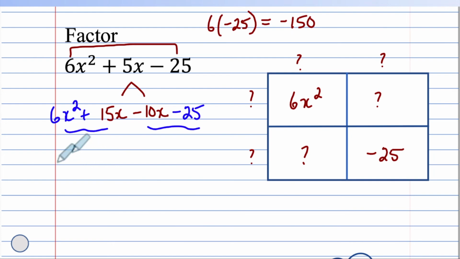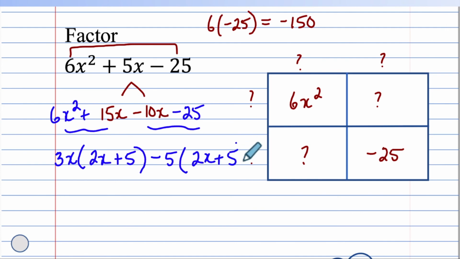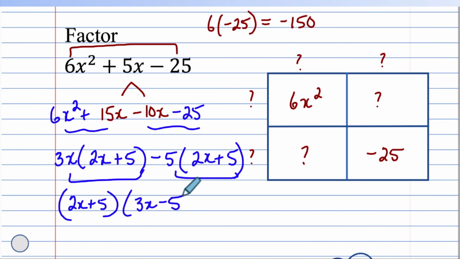Grouping question, take out a 3x and you're left with 2x plus 5. And take out a negative 5 and you're left with 2x plus 5. Two terms, 2x plus 5 is common. 3x minus 5 is left.